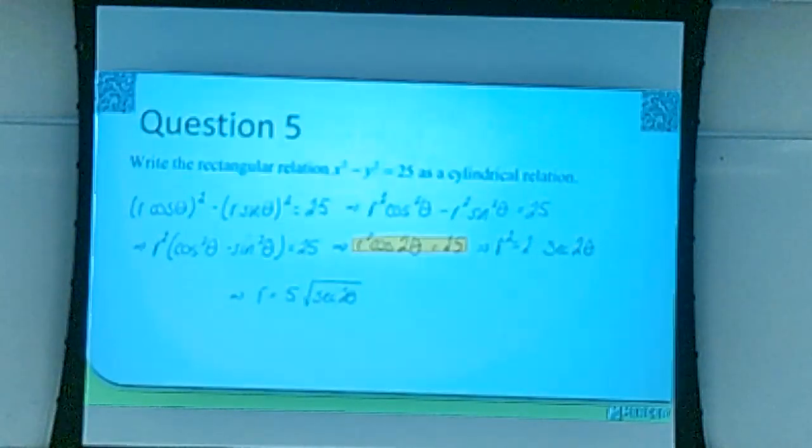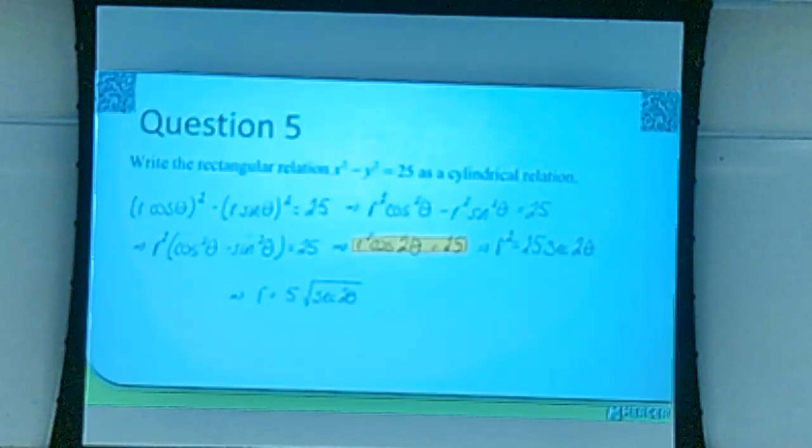Before you even multiply by the secant theta, just look at r squared cosine 2 theta equals 25. What do you know about r squared? It's always positive because you're squaring it. So even if you allow for r to be negative, r squared is still positive.